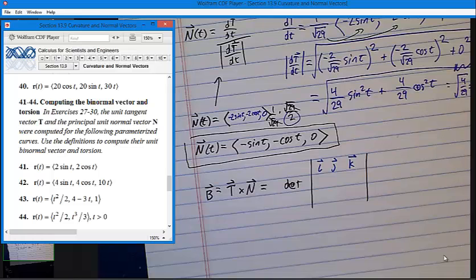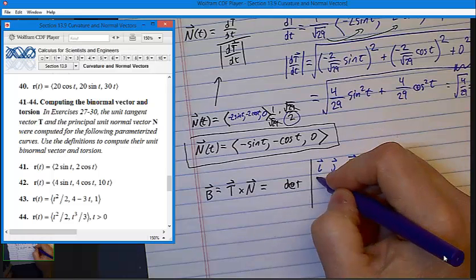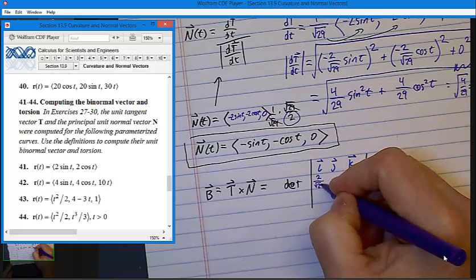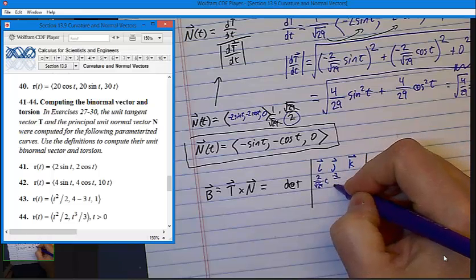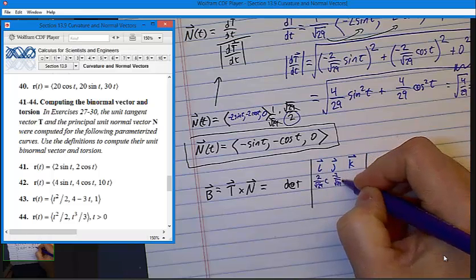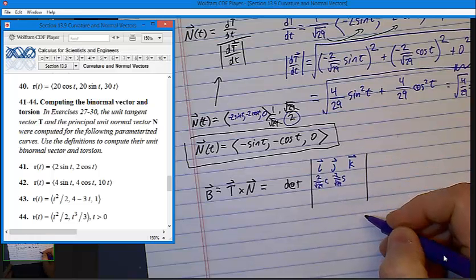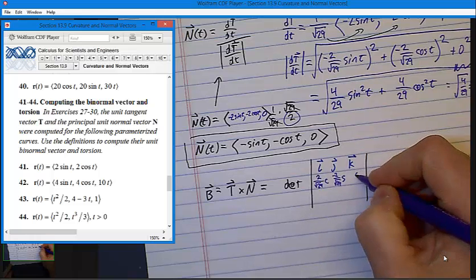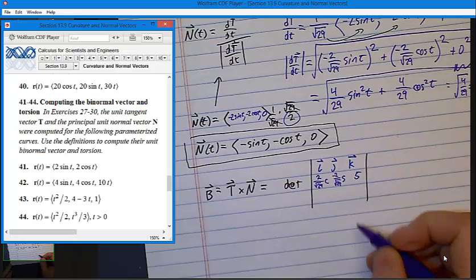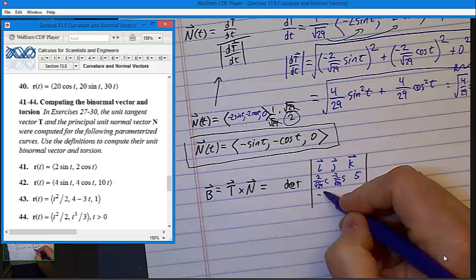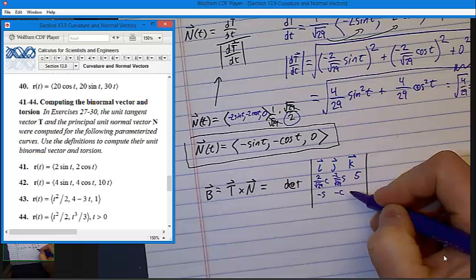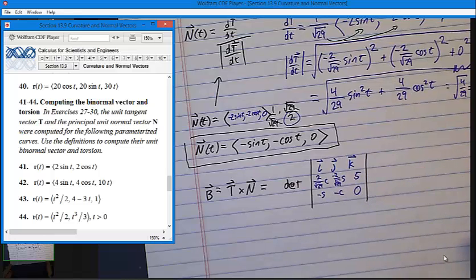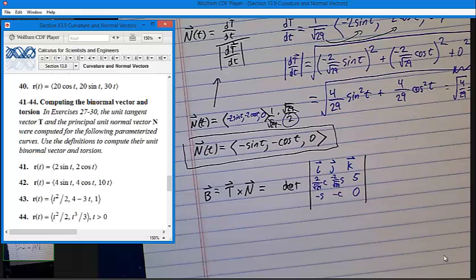So we have 2 over the square root of 29, I'll just put a c for cosine t, negative 2 over the square root of 29 s for sine of t, and then 5. And then n, we said, was negative sine of t, I'll just put negative s, negative cosine of t, and 0. Wow. Okay. So this is what we have to do.